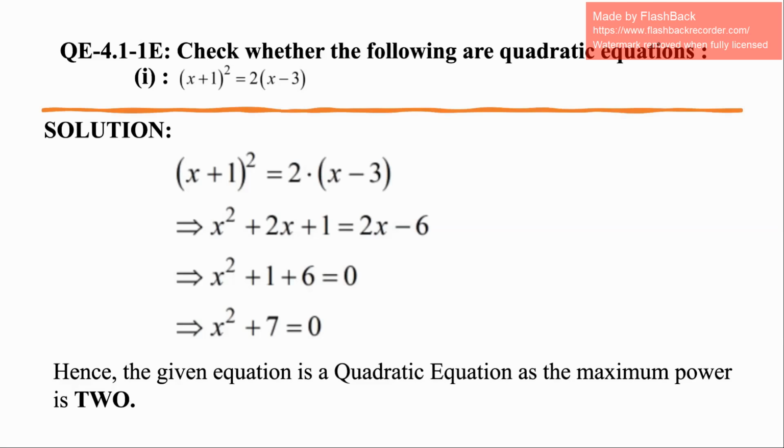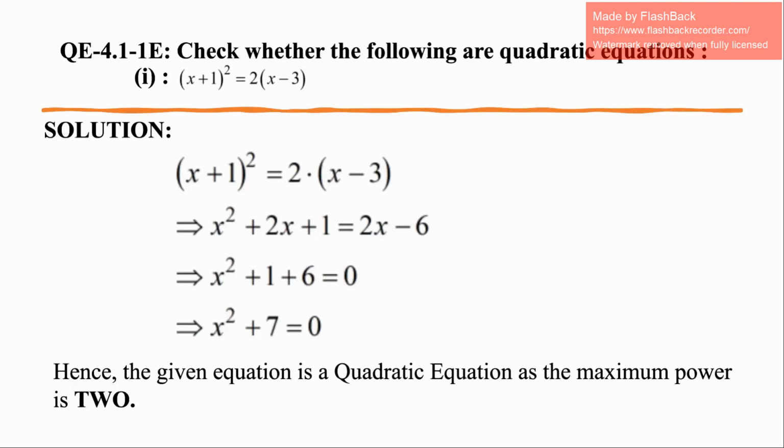The third term will be 1 square, and the square of 1 is 1. In the right hand side, we have multiplied 2 with the x minus 3 term. The first term will be 2 into x, so it is 2x, minus 2 into 3, so it is 6, right?